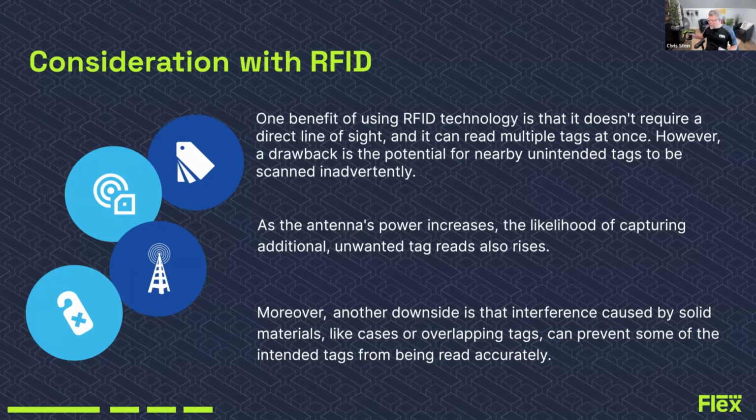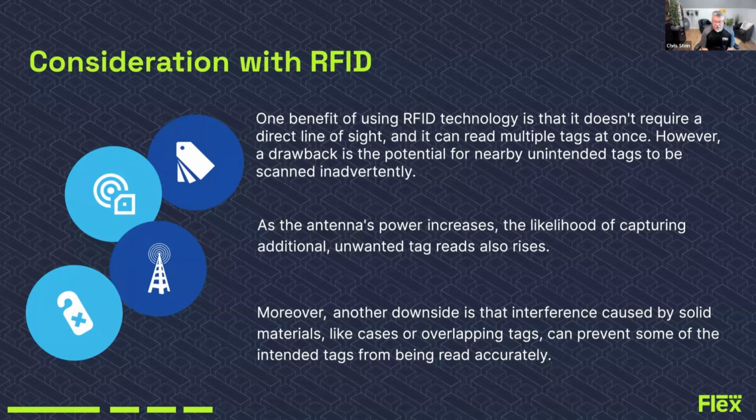If I'm working in a small environment and I crank up my antenna gain, a lot of times I'm going to get tags that are around my area. So in a lot of warehouses that I've worked in, there are very small aisles to work inside. So working with the right amplification of these is really important.